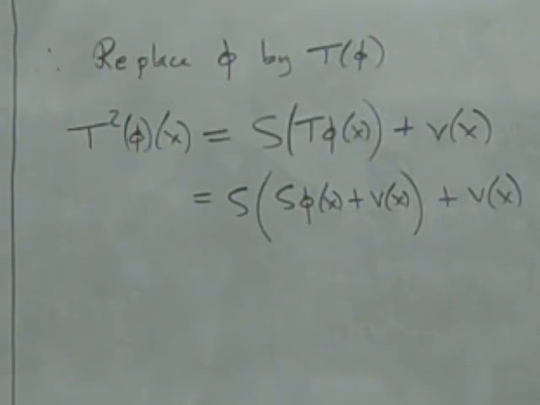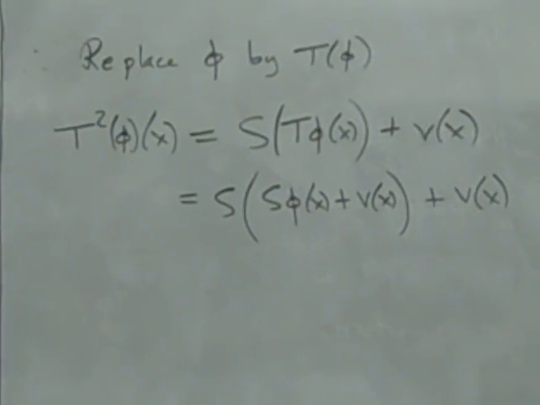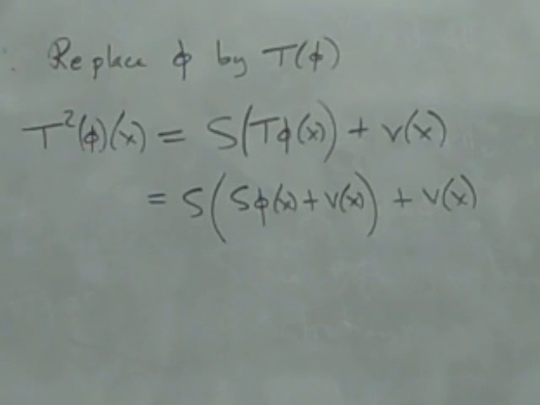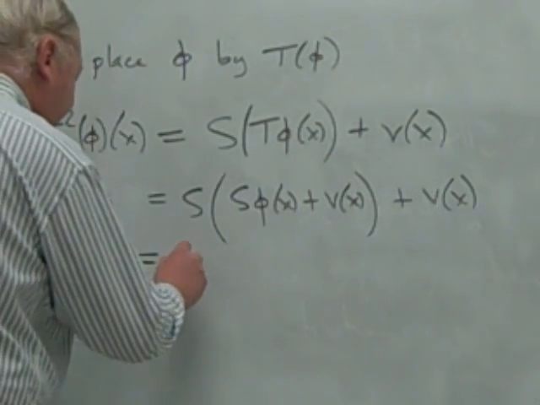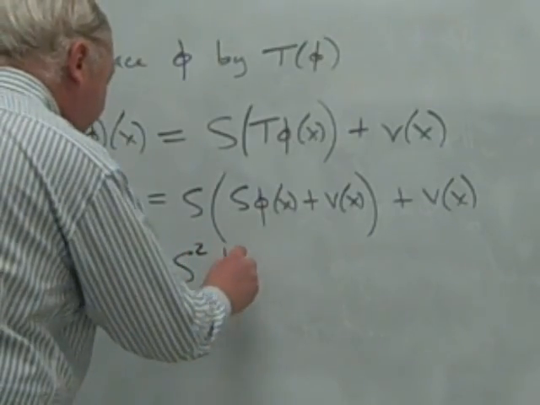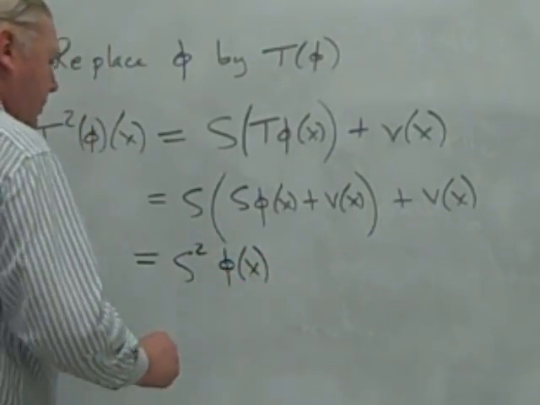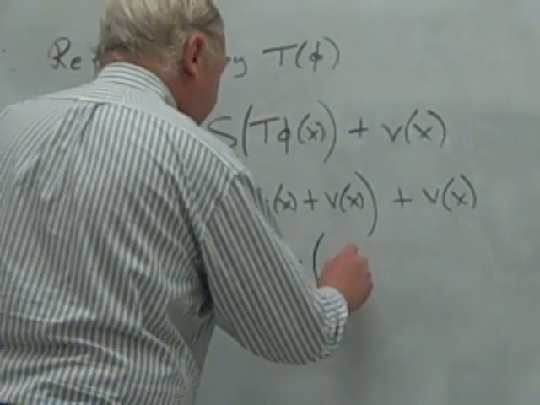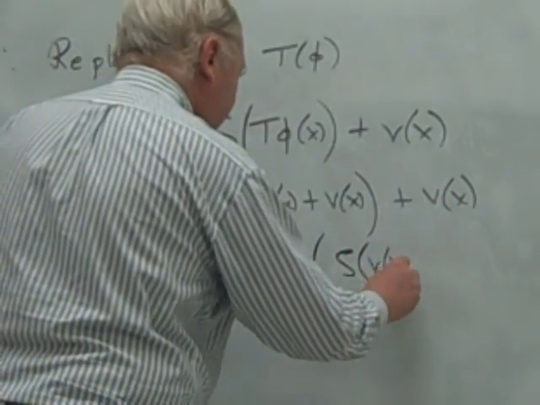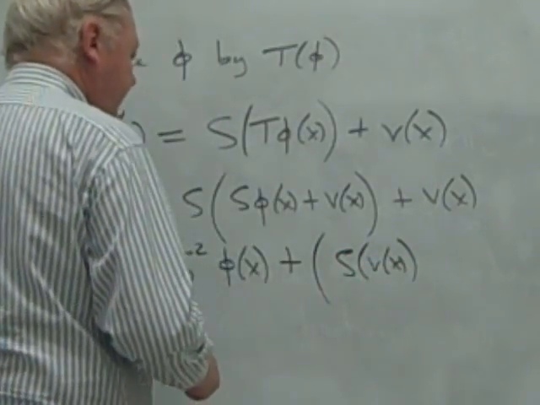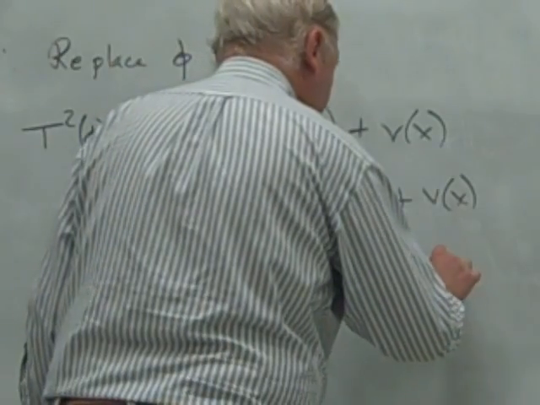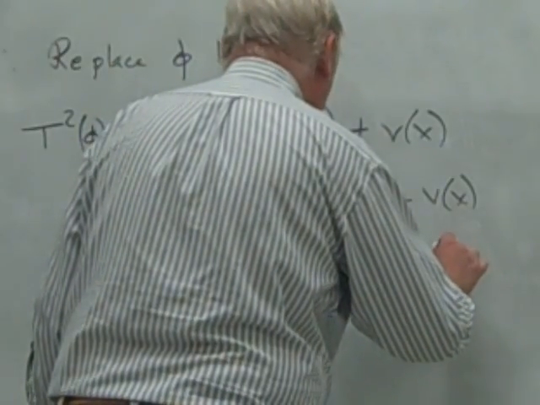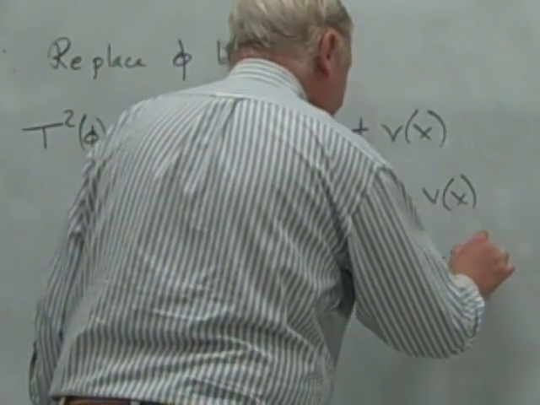Because of its integral form, when you apply it to a sum of two things, it's the sum of the individual S's applied because of the integral here. And so this is S squared applied to phi of x plus S of v of x plus v of x.